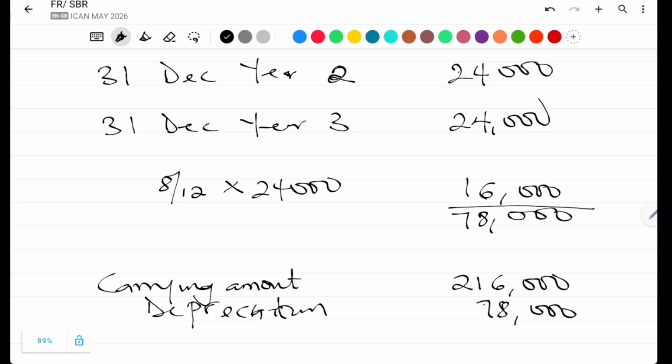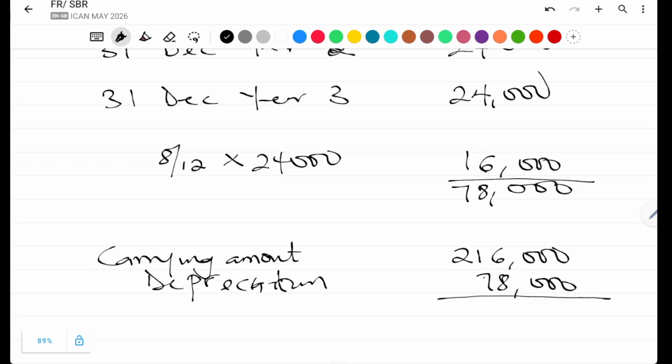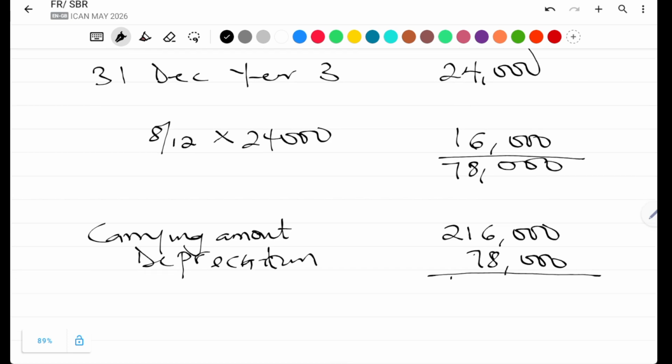So the carrying amount is 216 minus 78, which is 138,000. At the point of disposal, we're carrying this asset at 138,000.